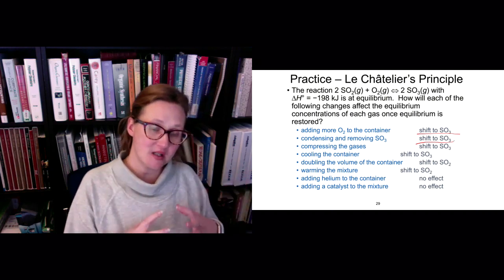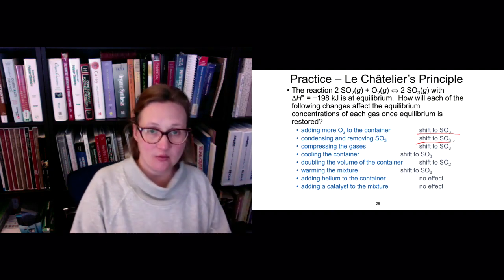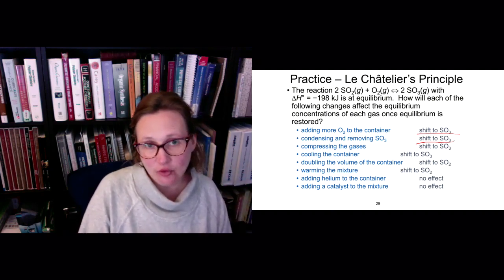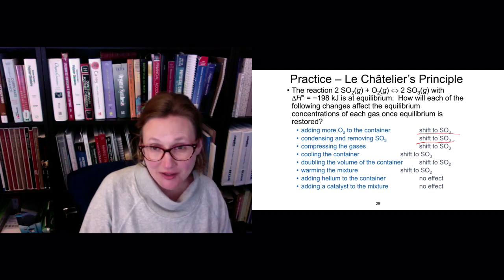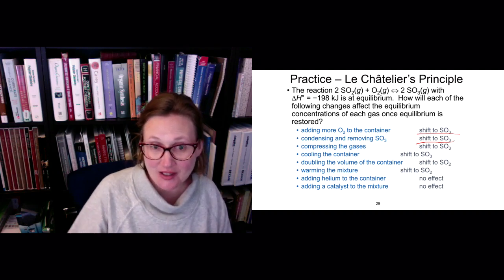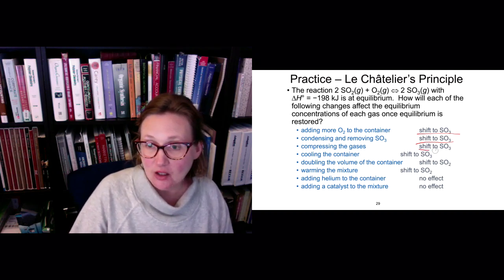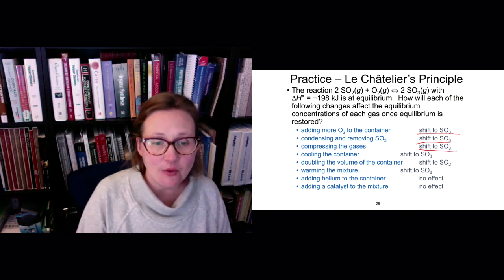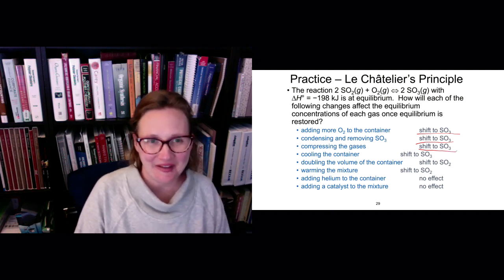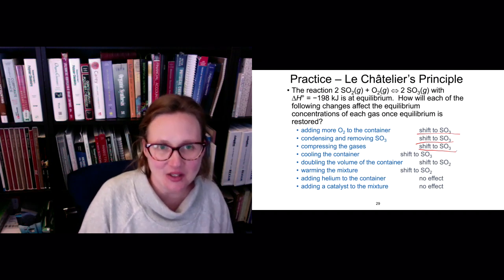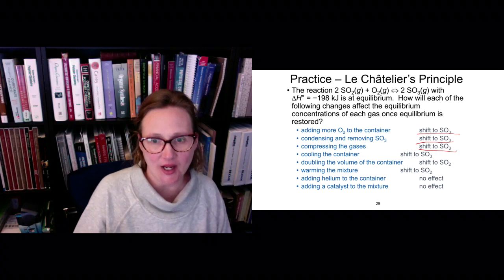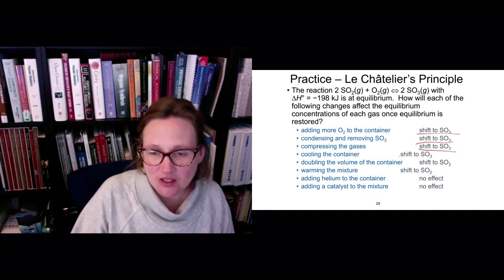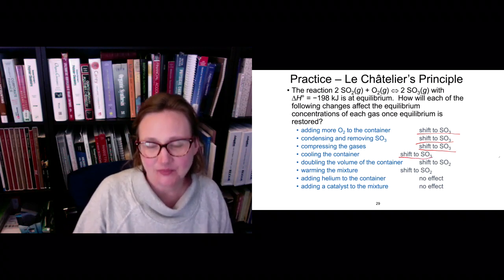If we compress the gas, so a higher pressure, it's going to move towards the one with the lower number of gas molecules, and that's the product. So we're going to shift towards the right. If we cool the container, let's think about this. It's exothermic, so heat is a product. So we're taking away a product. It's going to shift towards the product.